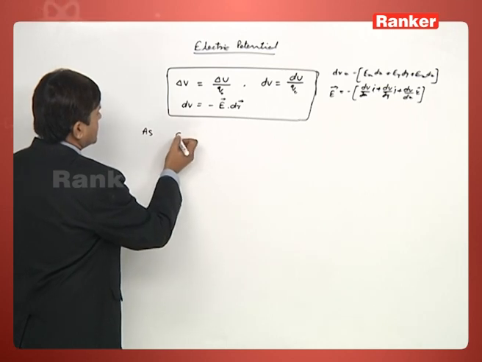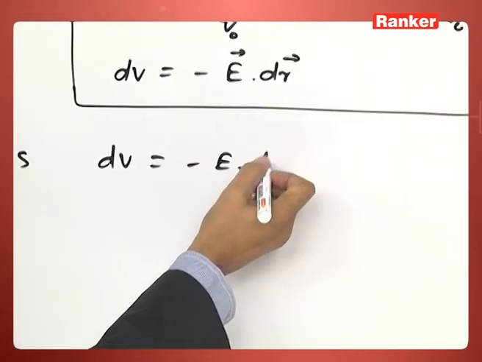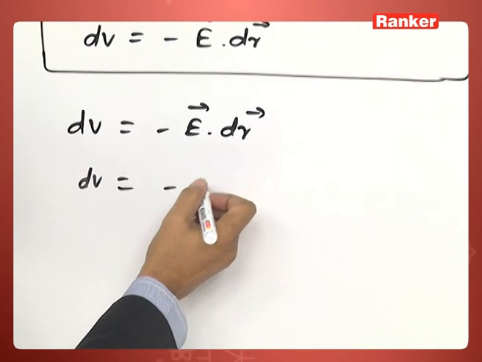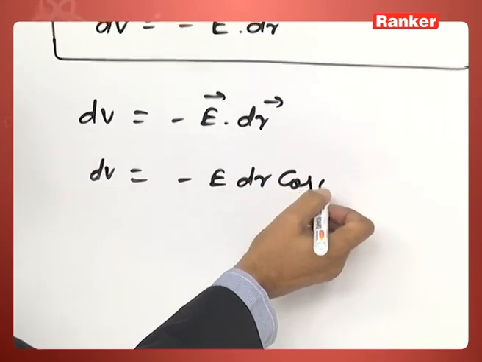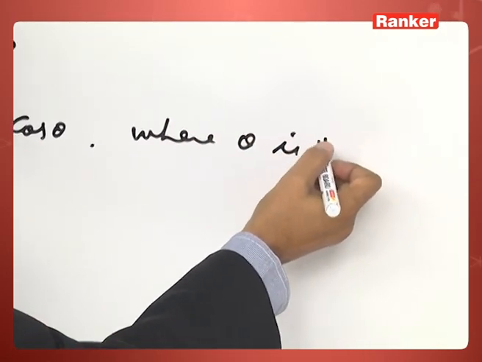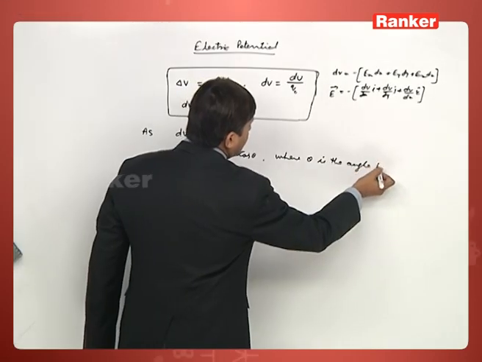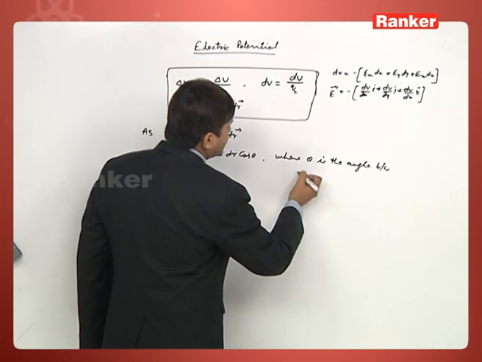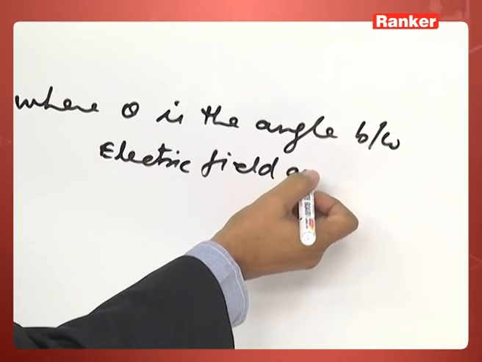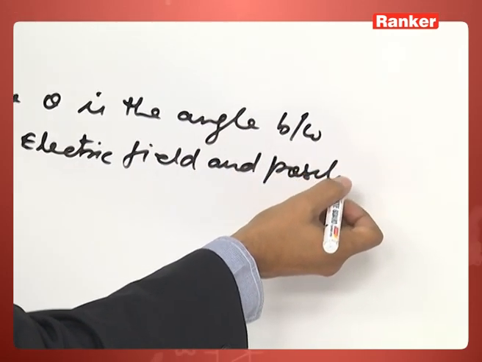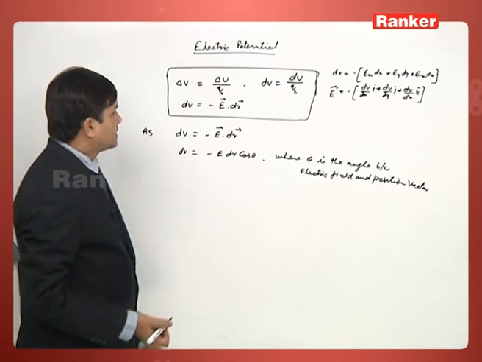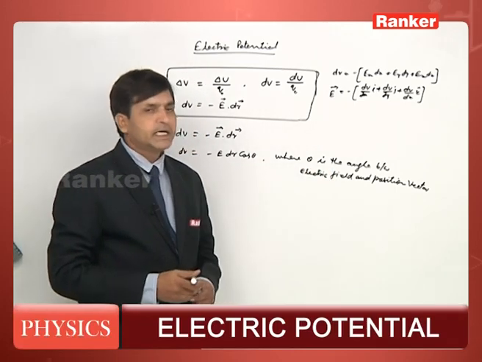As dV is given as minus E dot dr, this further we can write as E dr cos theta, where theta is the angle between electric field and position vector. It's a very important relation here.